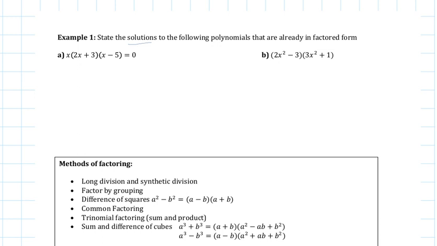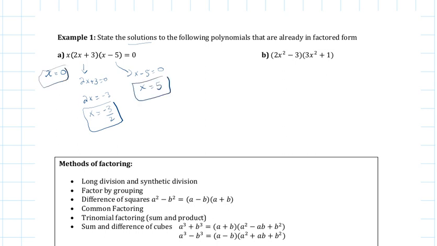Then 2x plus 3 equals 0, which means 2x equals negative 3, which means x equals negative 3 over 2. And then we also have x minus 5 equals 0, which means x equals 5. So these are the three solutions for this factored form.